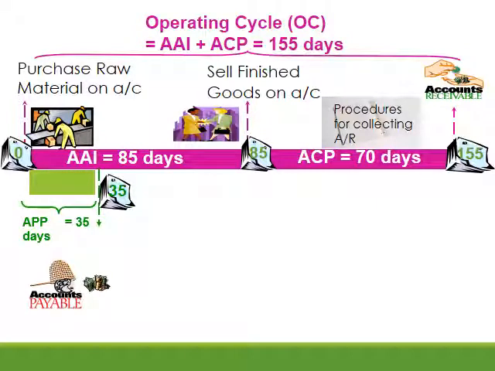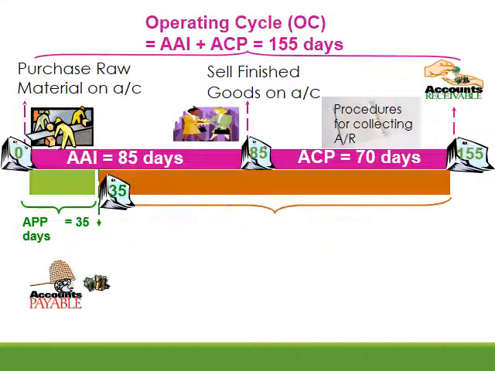At day 35, that's where the company pays off the accounts payable. So it takes 35 days for the Alpha company to pay the suppliers. This will be the APP.